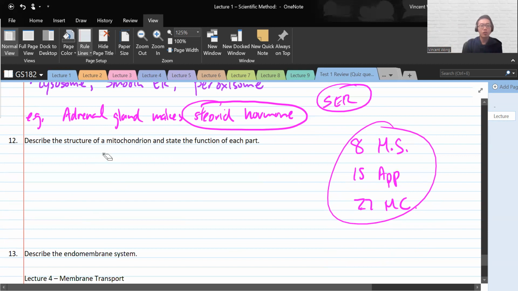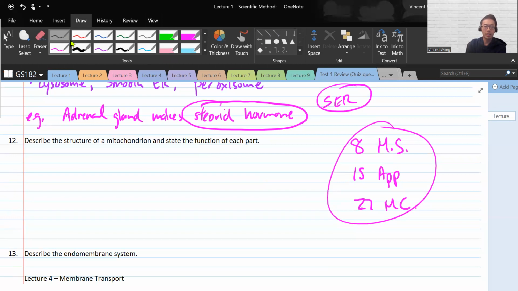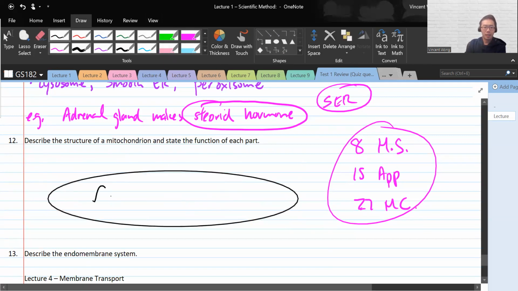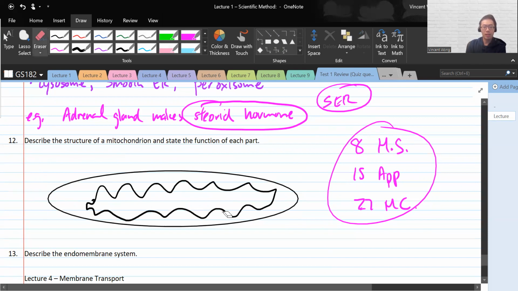Describe the structure of a mitochondrion and state the function of each part. We did that before, but let's review a few extra things. There is the mitochondria. We have the outer membrane, and the inner membrane, which forms the cristae.